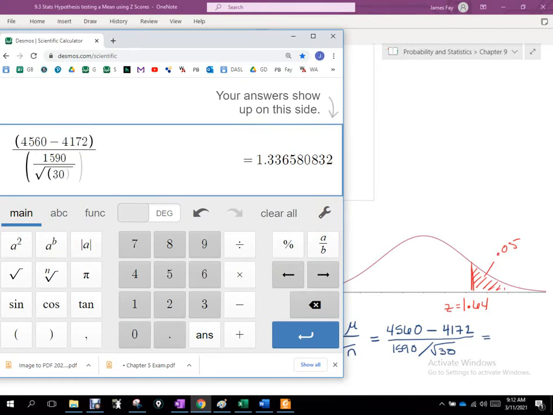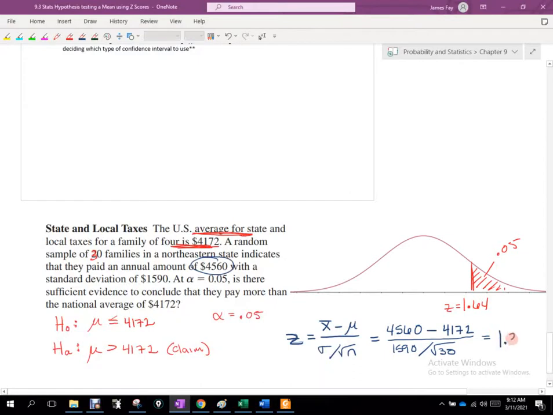Is that okay with everybody? So where does that 1.34 lay in comparison to this 1.64? To the left. It lays about right there. Does that make sense? That would be a z-score of 1.34. Is that in the critical region or the non-critical region? That's in the non-critical region.